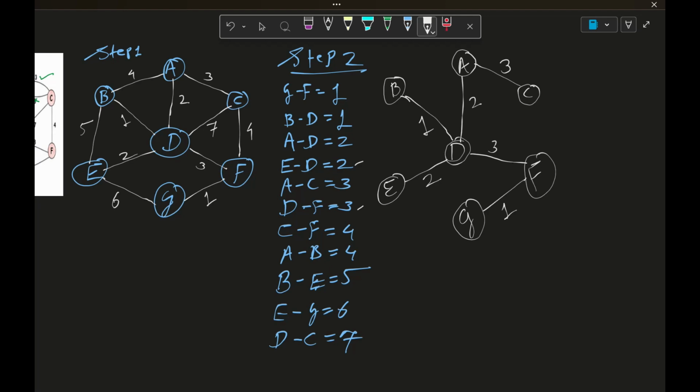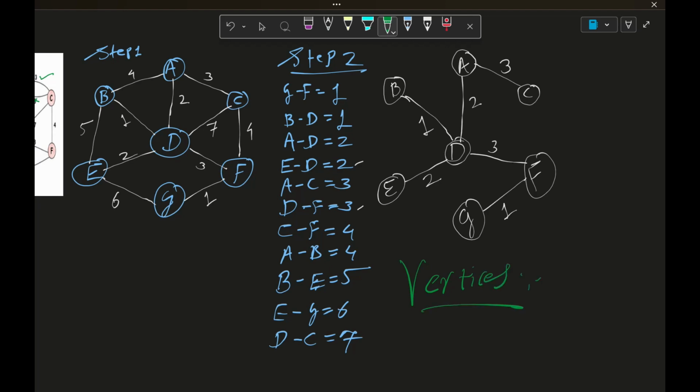Okay. So you can just see, have we considered all the vertices? So we had here A, B, C, yes, then D, E, F and G. So all are being considered. And just check with respect to the total number of vertices, the edges should be n minus 1. So what is the total number of vertices? Just calculate them.